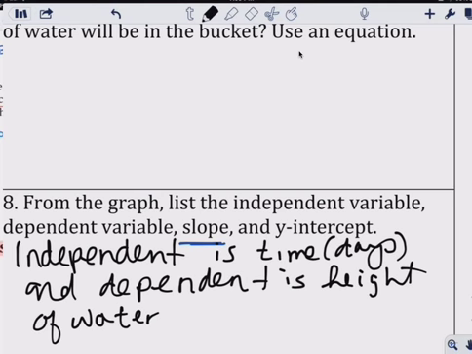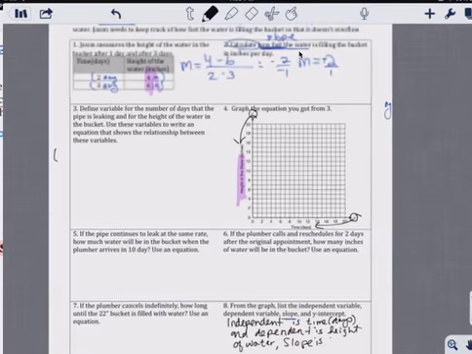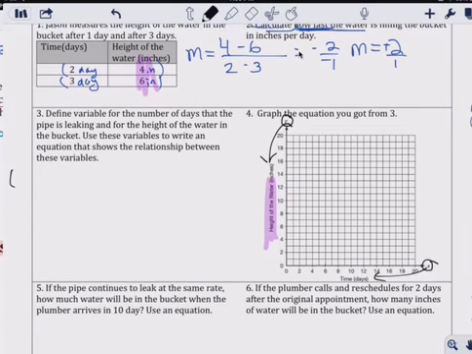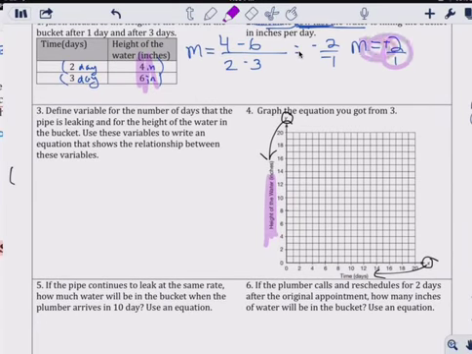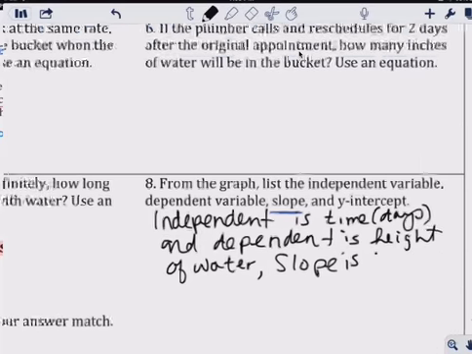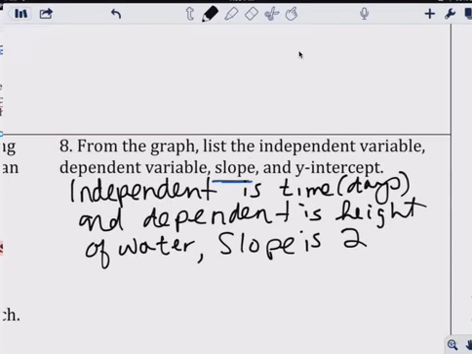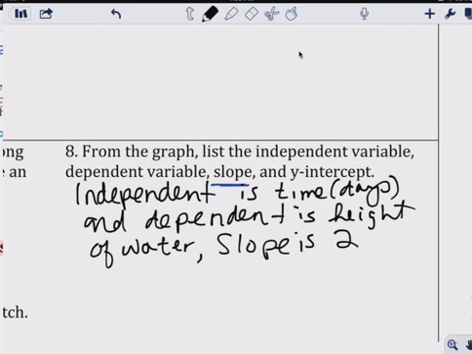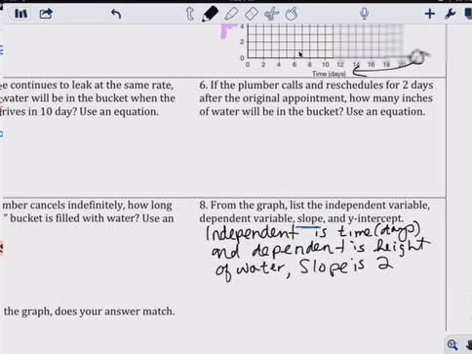The slope is, what have we found the slope to be? 2. Slope is 2. Okay. The y-intercept, we don't know yet.